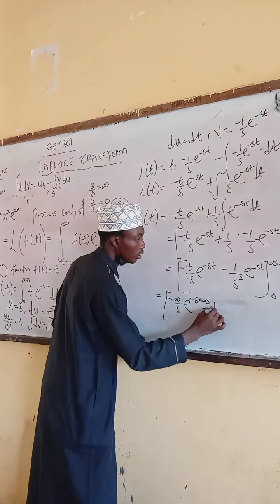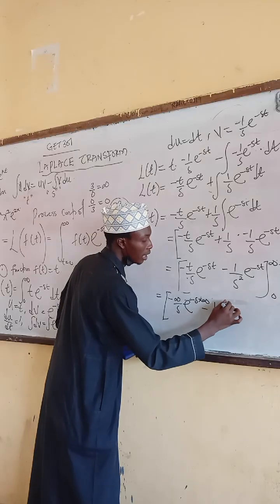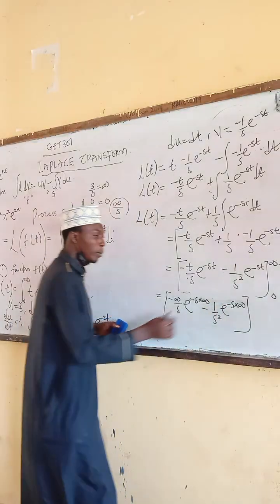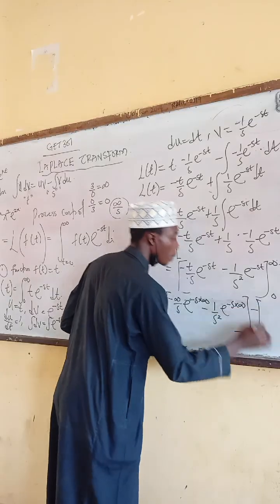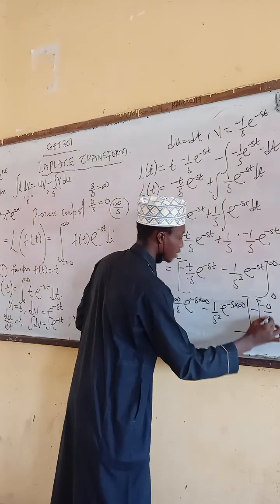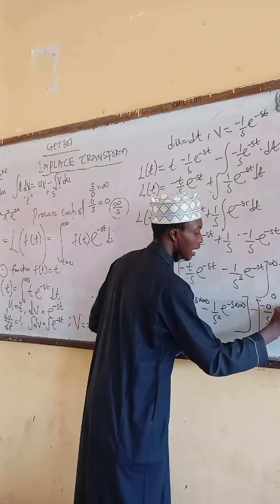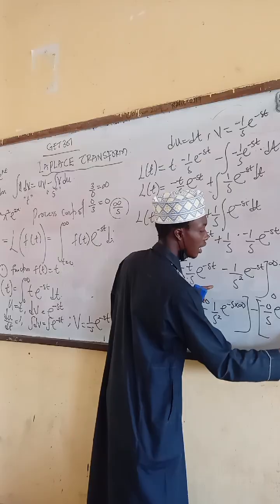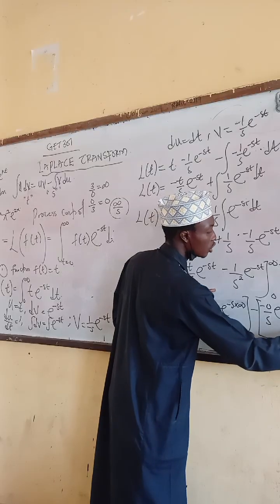Then you write this one also, minus 1 over s squared exponential minus s times infinity, right? This is the first one. Now say minus, right? The same thing, you have to 0. Minus 0 over s, right? Exponential minus s times 0. Then minus, because you have minus between them. 1 over s squared exponential minus s times 0.